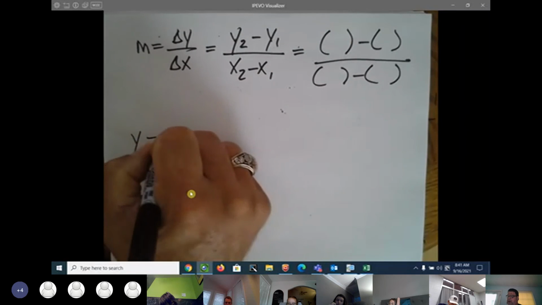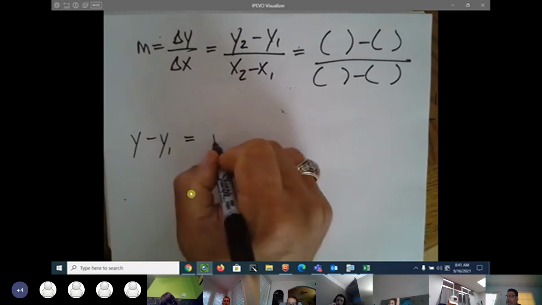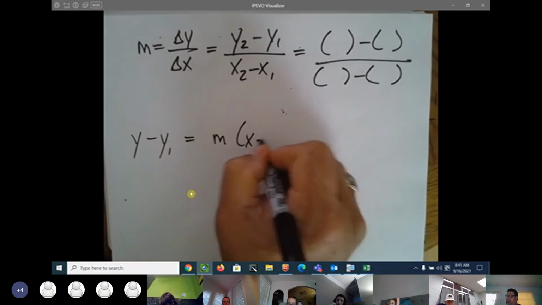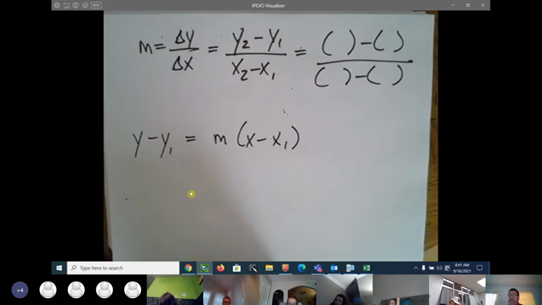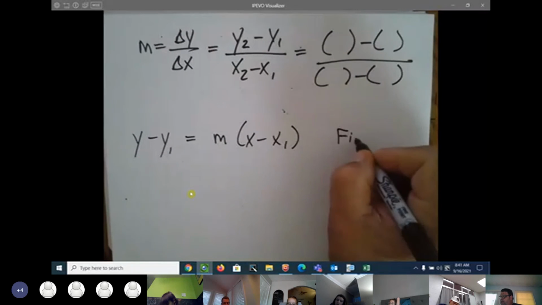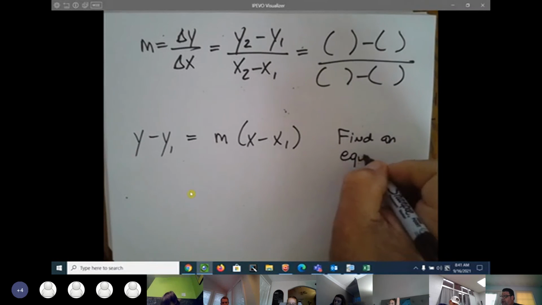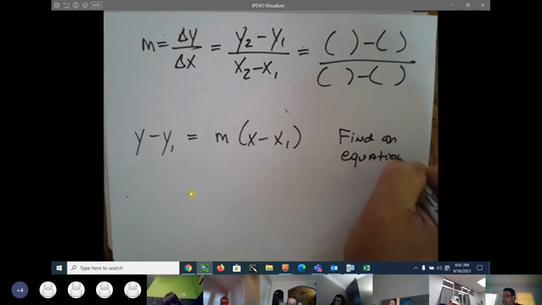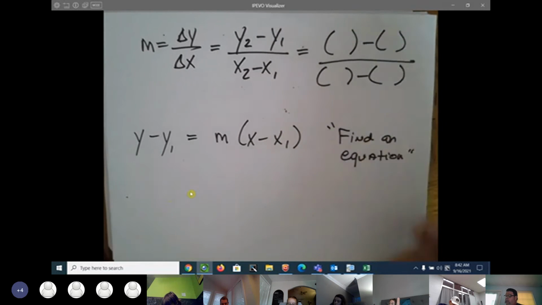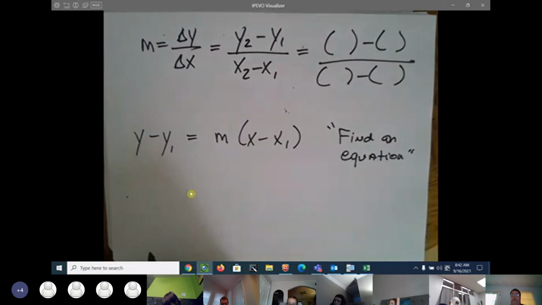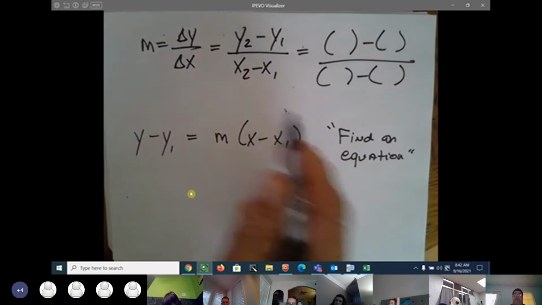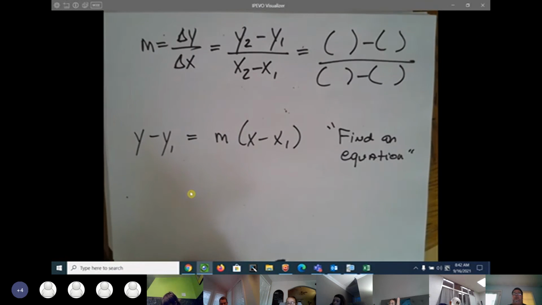Y minus y sub 1 is equal to m times x minus x sub 1. This is how you find the equation. Find an equation. This will usually be in the directions. So, give you that so you can remember that, and we will do a problem on the next page.